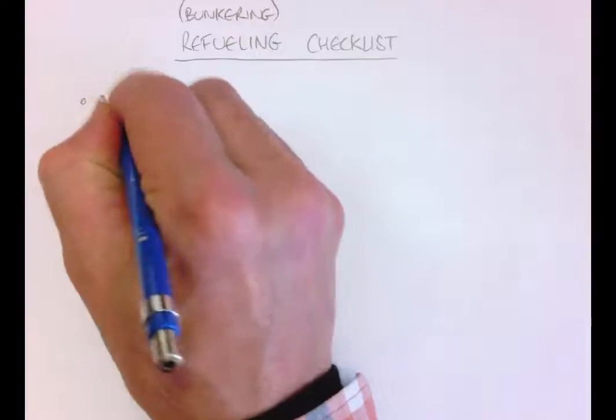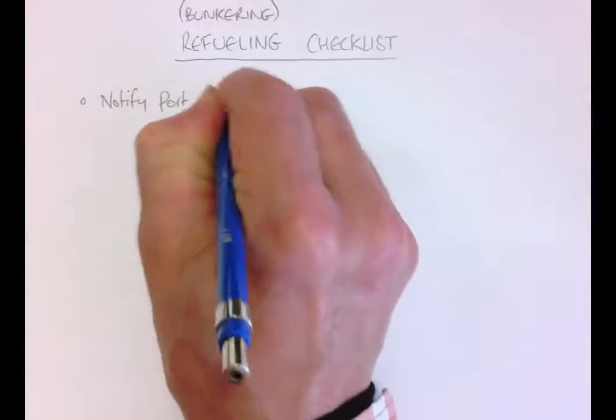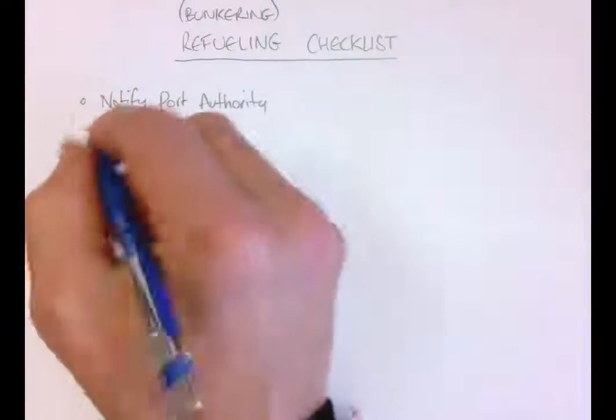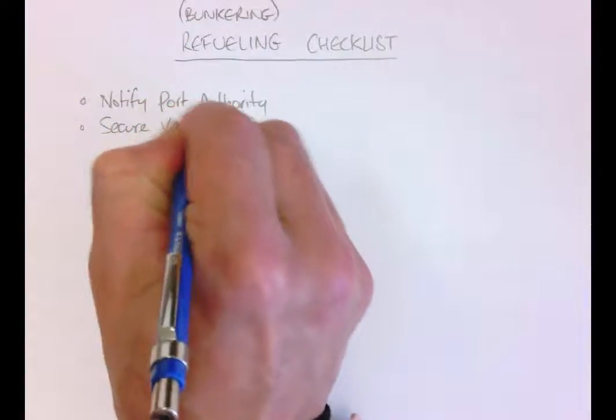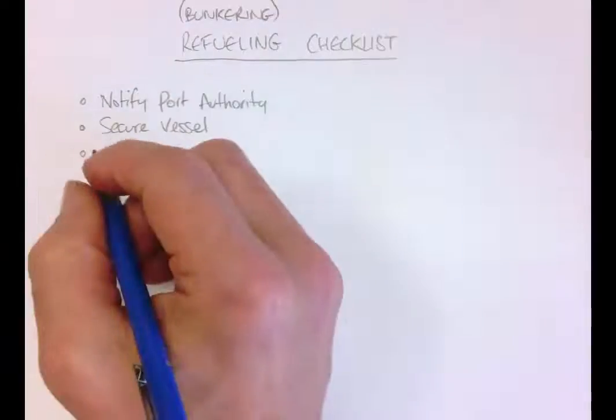Alright, so the first one is notify the port authority. Now I know it depends on which port you're in. Secure the vessel. Allow for surge, tide, all that sort of stuff.